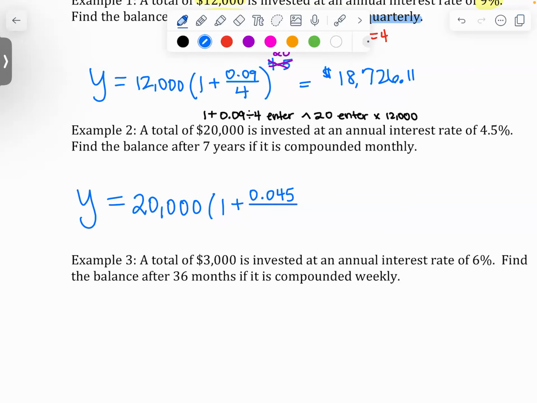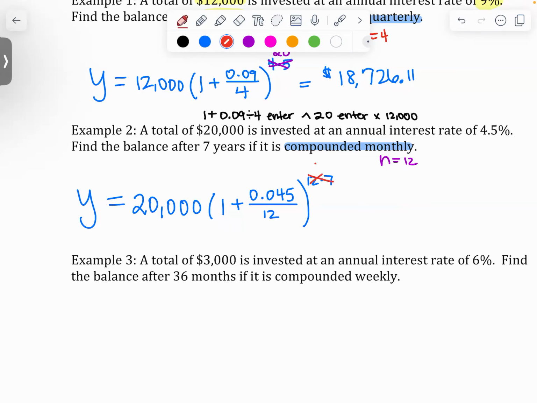So move the decimal place twice to convert it to a decimal. Mistakes happen. What goes here? What's N? 12. Compounded monthly means that N is 12. So right here, we're going to put 12, which means also up here, we put 12 times the number of years, which is 7. Now before we get too into it with our calculator, what is 12 times 7?